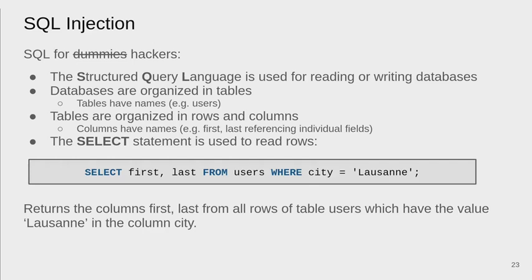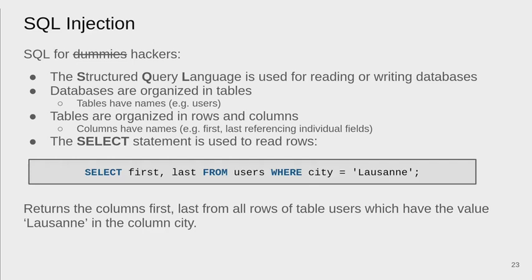Then you can use select to select individual fields across all these different columns. So with the example, select first, comma, last from users where city equals Lausanne, you would tell the database engine: select the two columns, first and last, from the table called users for all the rows where the city column equals Lausanne.